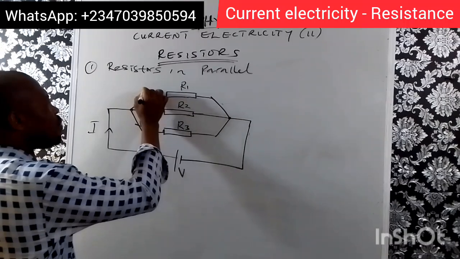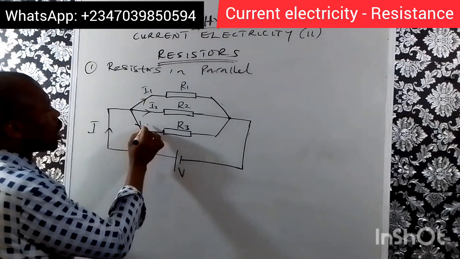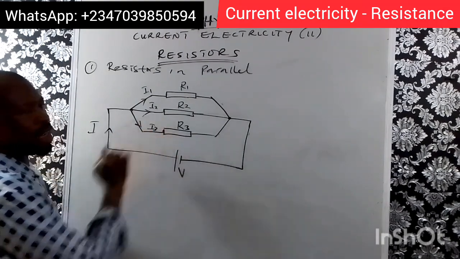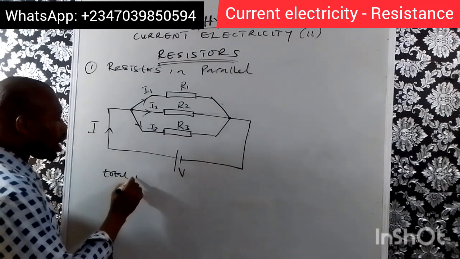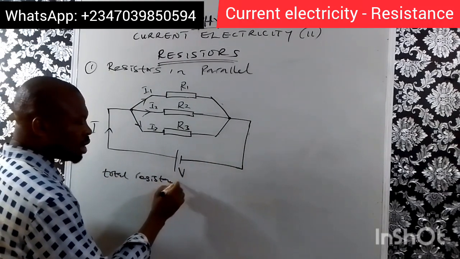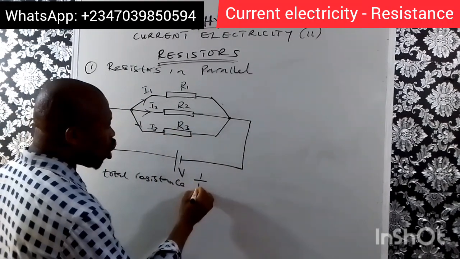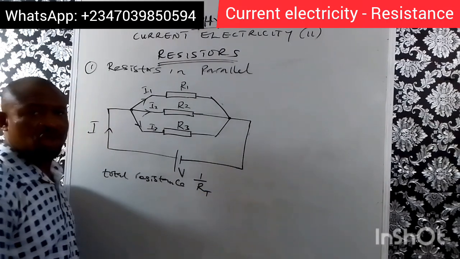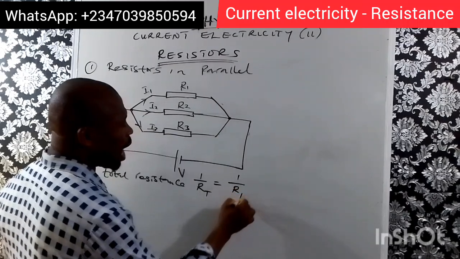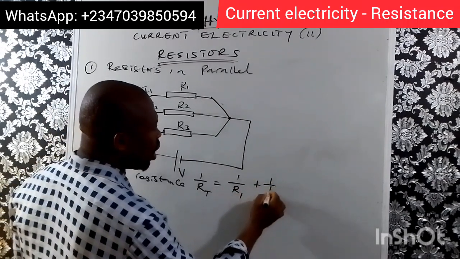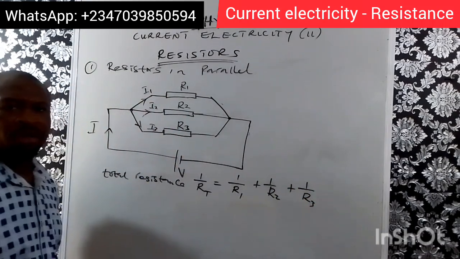So in other words, we can have I1 here, I2 here, and I3 flowing here. Now the total resistance in the circuit, because this is a parallel connection, is given by 1 over R total equals 1 over R1 plus 1 over R2 plus 1 over R3.